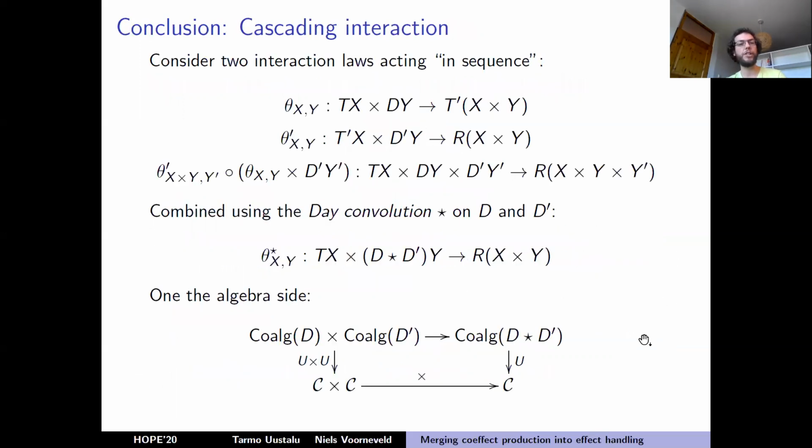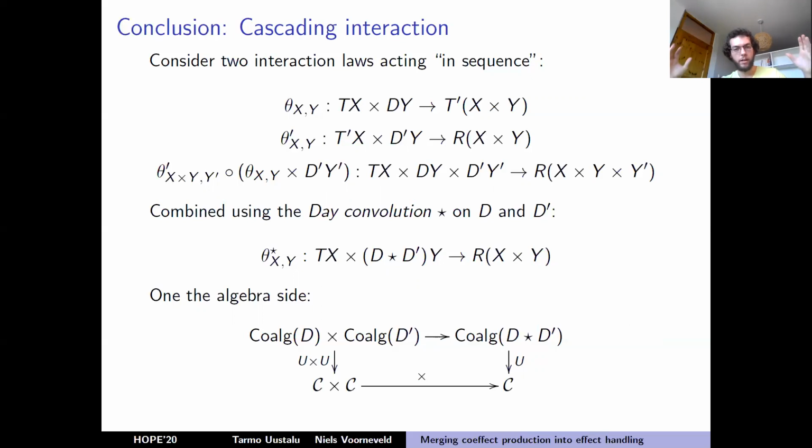And the last observation I want to make is that there's another thing we can look at, which is called the cascading of interaction laws, which talks about a 2-step interaction. So you have an interaction at first, which may have some residual effects, but these residual effects may be dealt with by another, parallel environment.